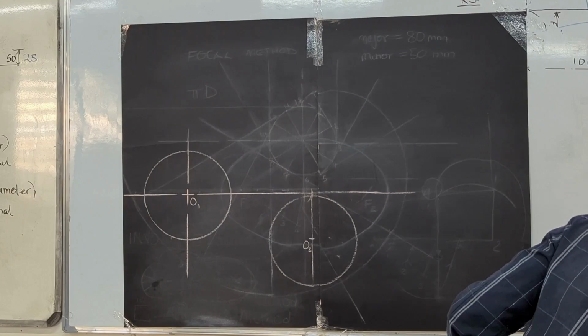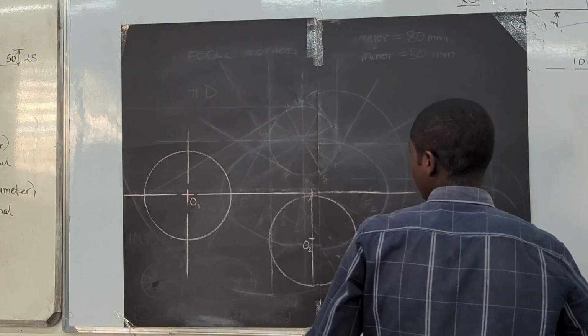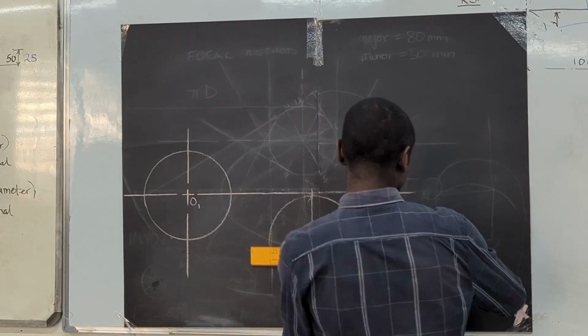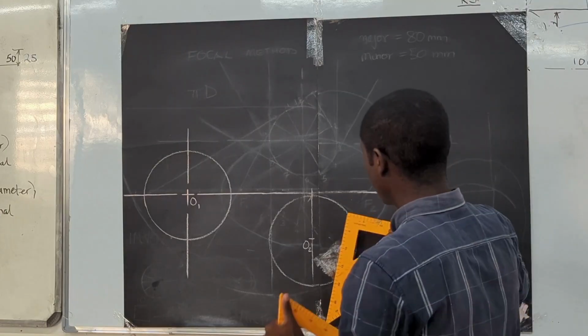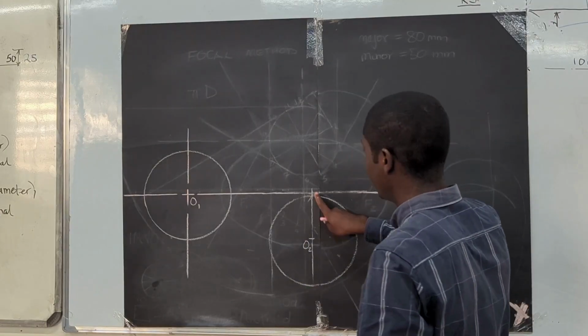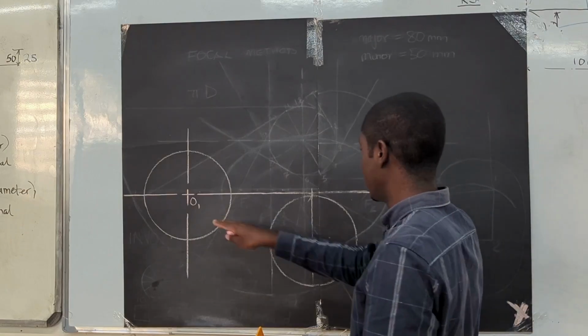It's a good idea when you draw circles, you show a center line. We already have a vertical line here, we just need the horizontal one.